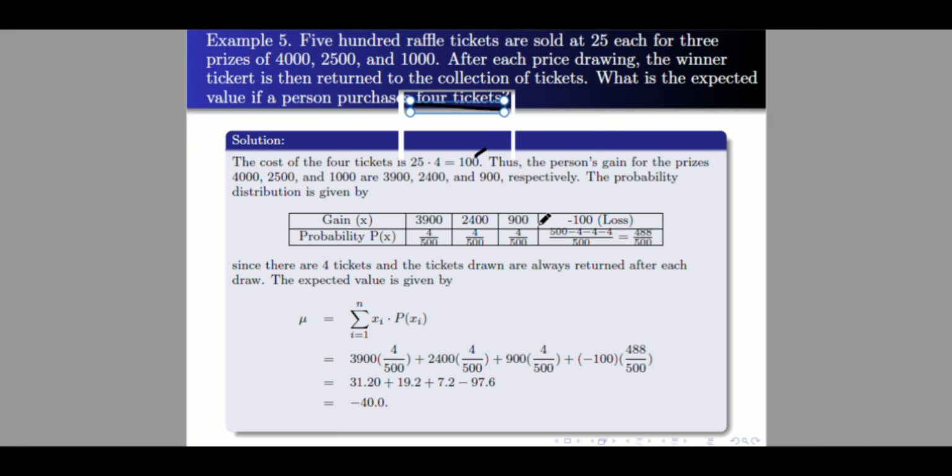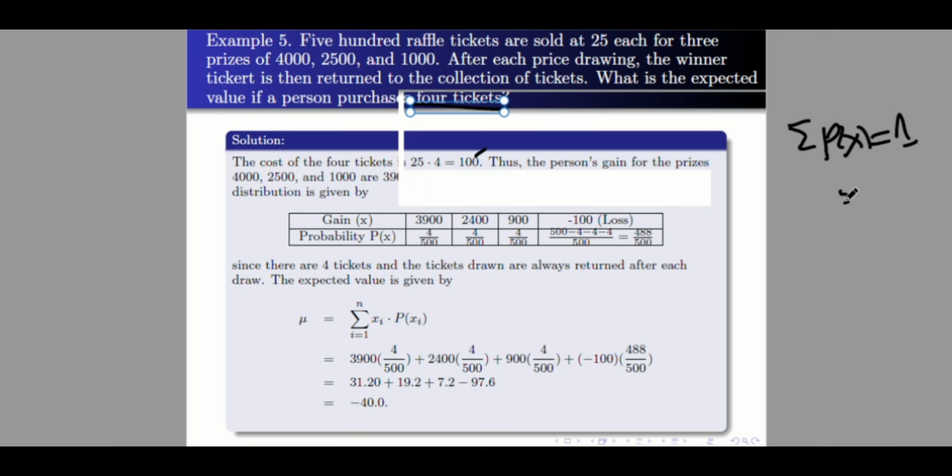Now, what is the probability of the loss? Take note, recall that the sum of the probabilities must be equal to 1. In order for this to be 1, it should be 500 over 500, because our denominator is 500. So that the sum of these columns is 500 over 500, we must subtract these 4, 4, and 4 from 500.